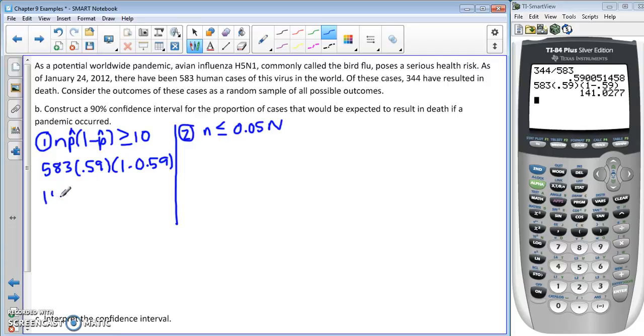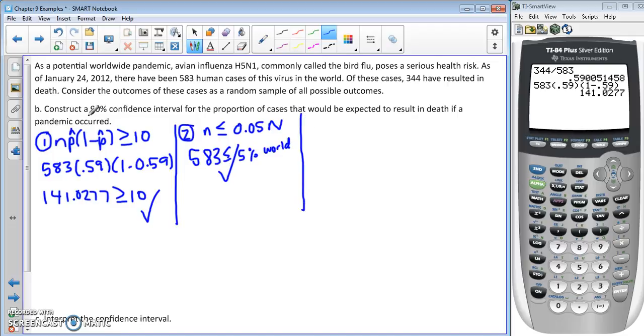We get 141.0277, so that's greater than or equal to 10, so we're good on that condition. And then here, 583 is definitely less than 5% of the entire world, so we're good to go on that condition. So now we can proceed to go on and construct our 90% confidence interval.